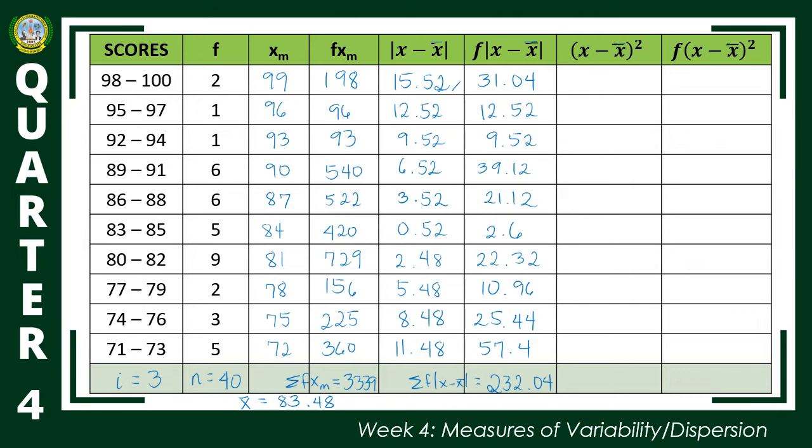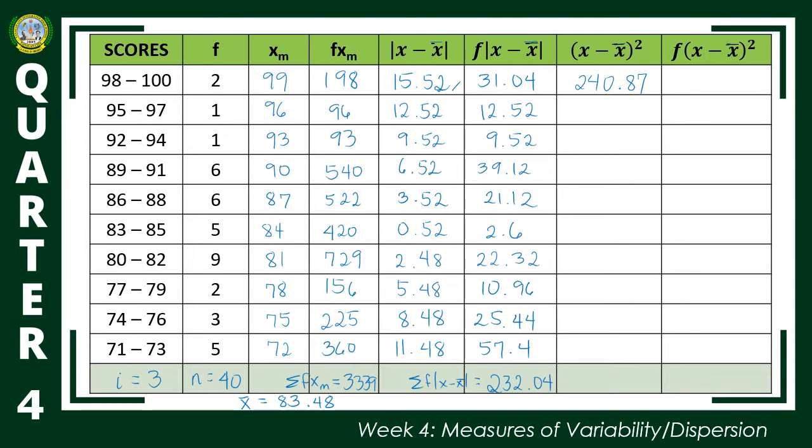Okay, or 15.52 times itself. Ang makukuha natin initially is 240.8704. So, since masyadong marami yung digits after the decimal point, para hindi gaanong mahirapan kayo sa computations nyo, please round the answer to the nearest hundreds. Okay, so that will be 240.87. Okay? So, para hindi masyadong madaming digits.